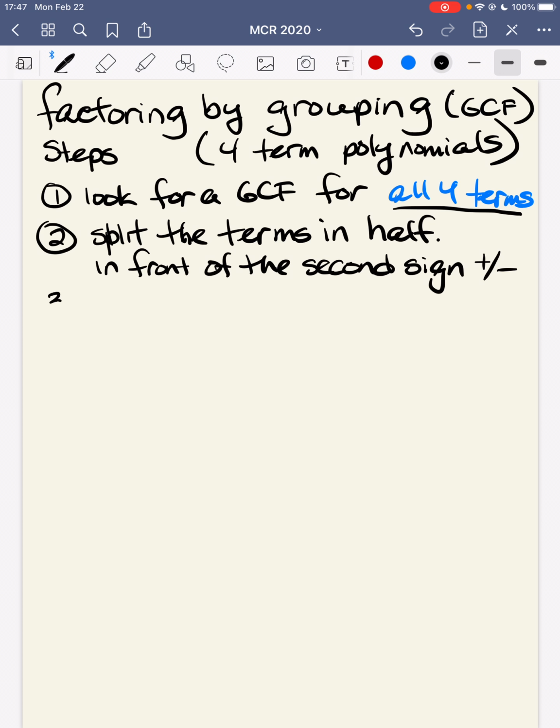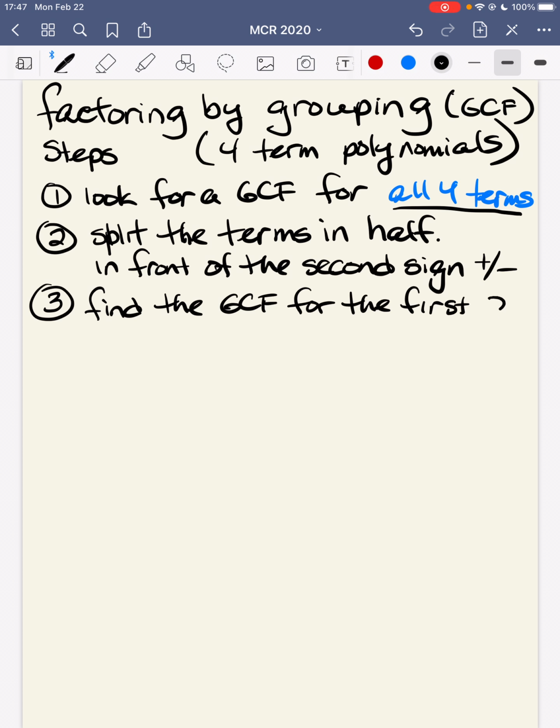Our third step, we're going to find the GCF for the first 2 terms only. So we're going to split it in half in front of the second plus or minus sign.